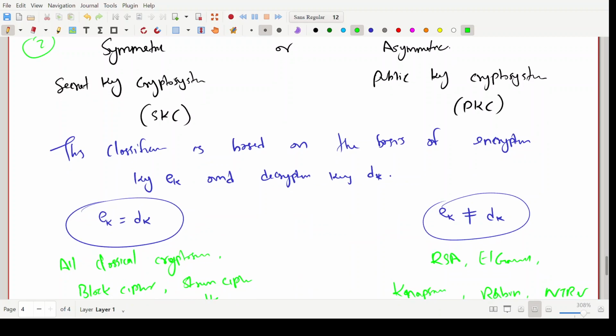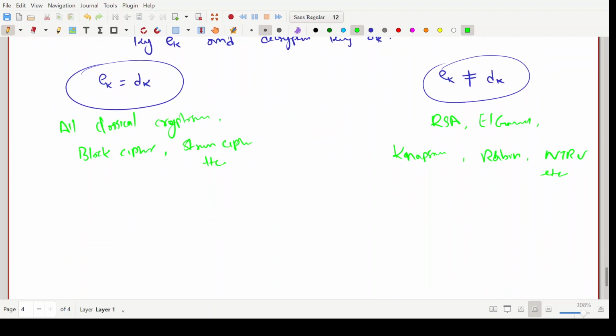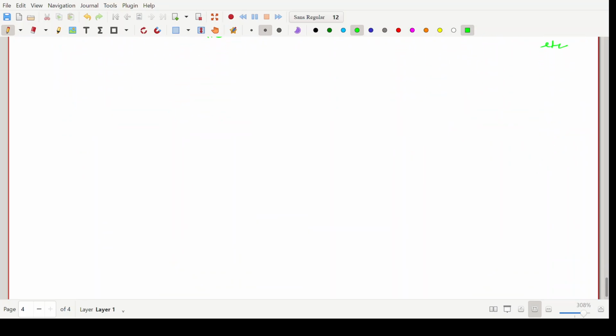That means only one key is involved in the case of symmetric key crypto system, and two keys are involved in the case of public key crypto system. Okay. Now the third class of the classification is block cipher and stream cipher. This classification is on the basis of the encryption process.